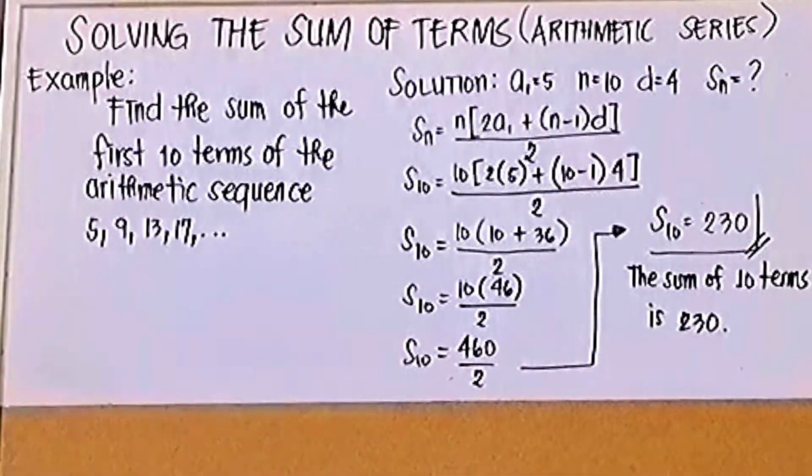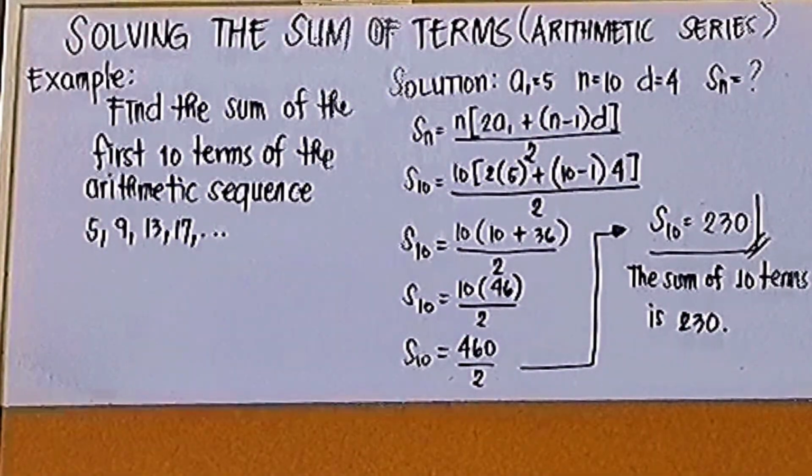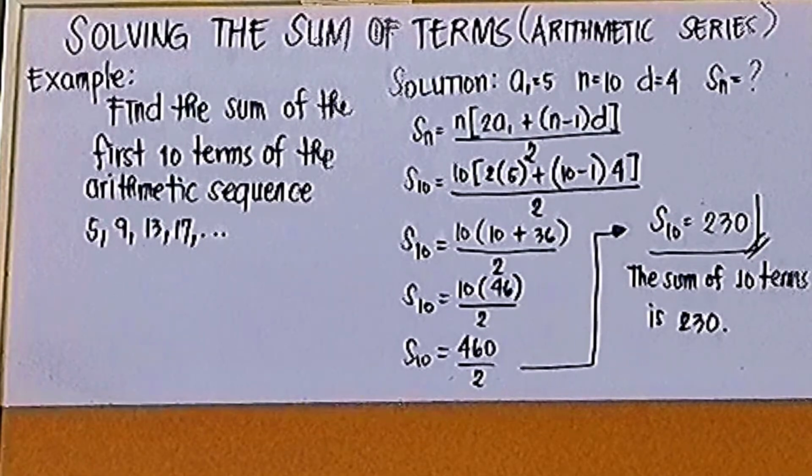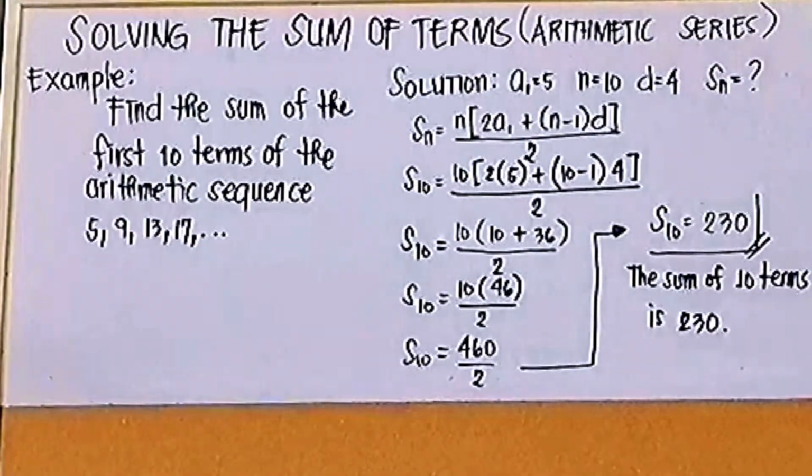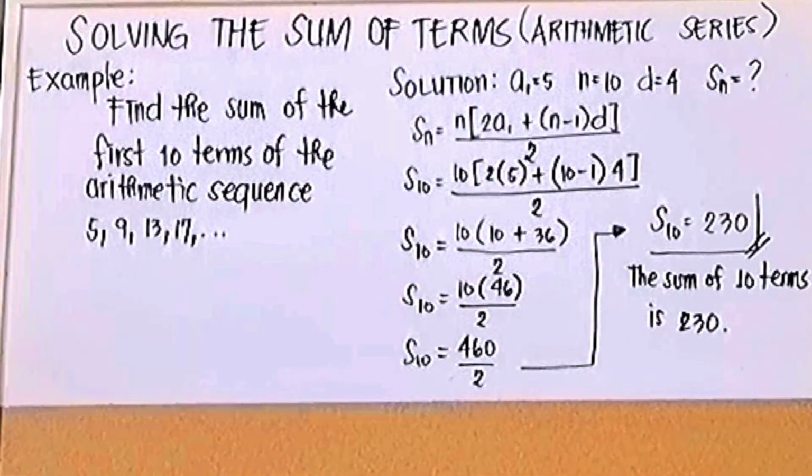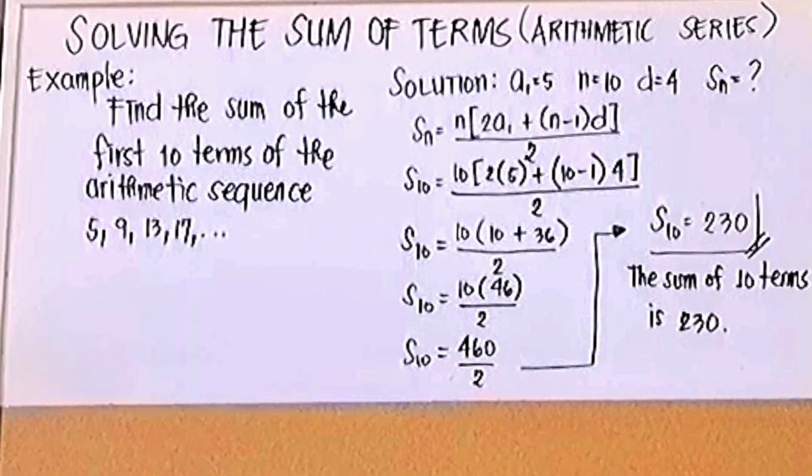Example, find the sum of the first 10 terms of the arithmetic sequence 5, 9, 13, 17, and so on. So, to solve this one, we will apply the formula. So, first, we will identify the given. The first term is 5.